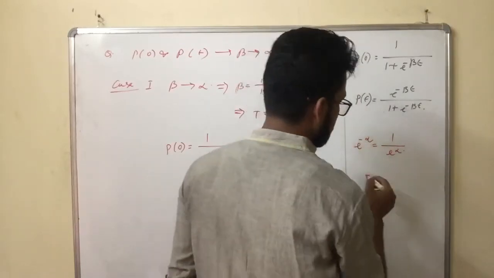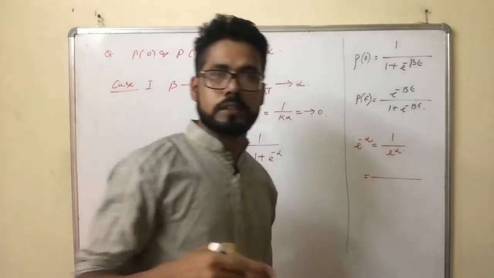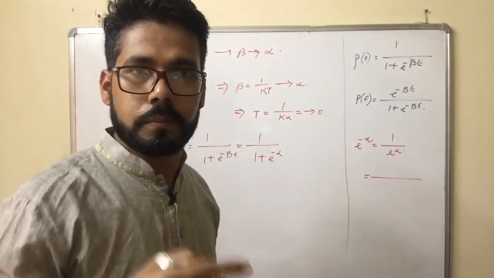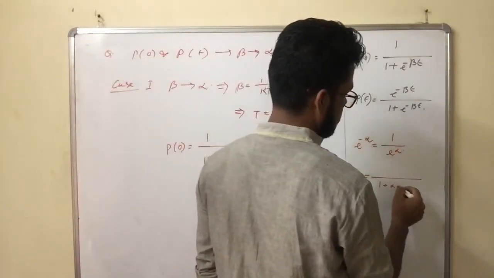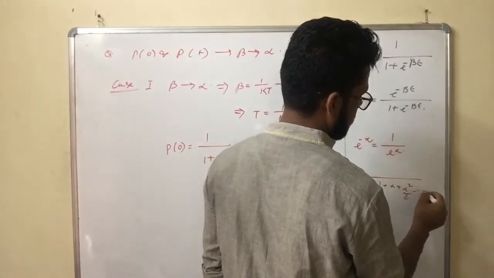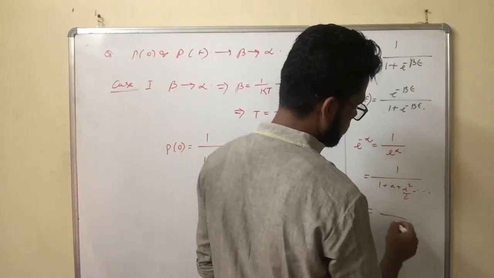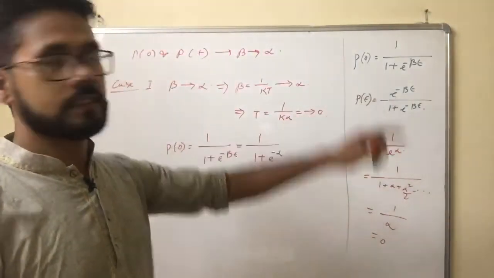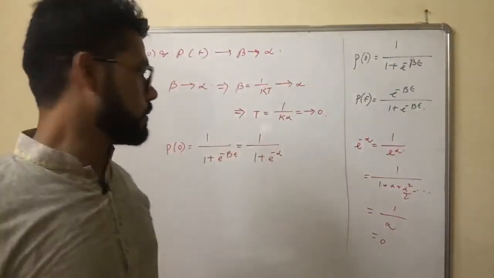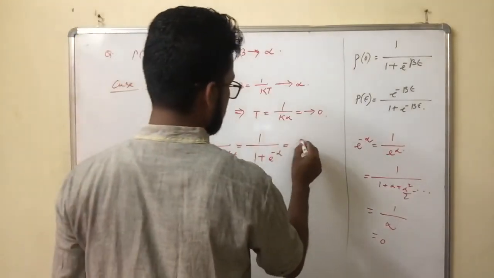Exponential e to the power x equals 1 plus x plus x square by factorial 2, like that. So it will be infinity, always infinity, so 1 over that equals 0. So e to the power minus infinity is always 0. Do not confuse. So it will be 1.